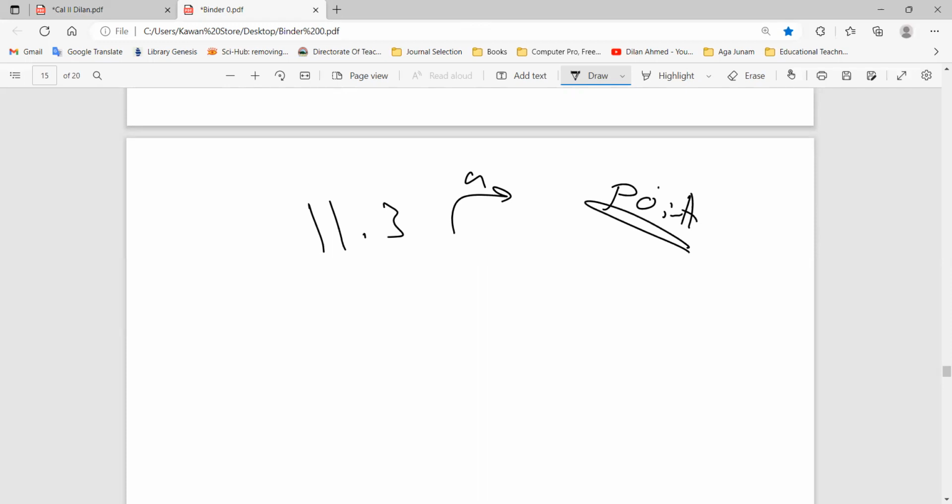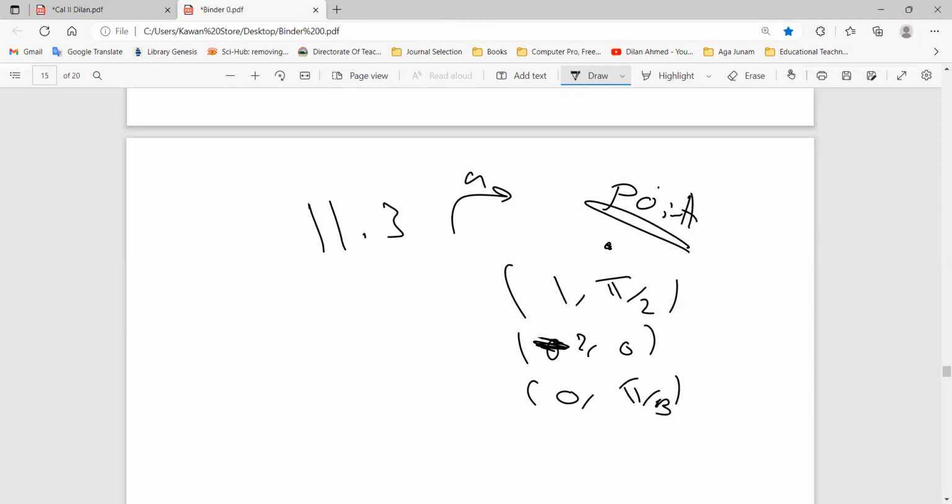How to sketch the point? 1 point, only 1 point. For example, if I have 1 and pi over 2, minus 2 with 0, 0 with pi over 3, like that. How do we sketch that? And the important thing here was how to sketch a negative r with the angle. Minus 2 with 4, pi over 4.